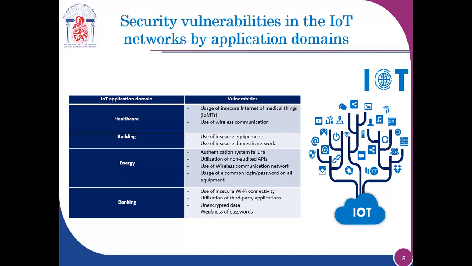The vulnerabilities within the power system domain that attackers are exploiting mostly involve authentication system failure leading to corruption of existing appropriate procedures, use of non-audited APIs, use of wireless communication networks for data transmission, which can falsify legitimate information if one node is breached, and use of a common login password on all equipment.